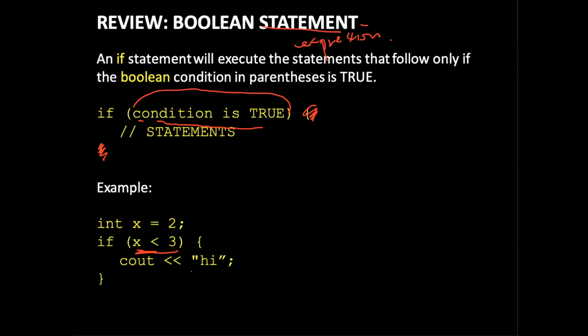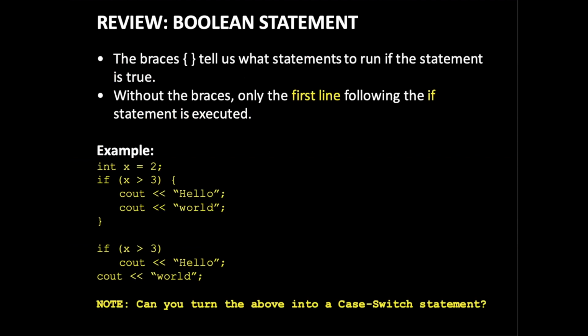So that said, this is an example, so we won't spend too much time in this area. Let's move on to the very last one. Like we said, if without the braces, only the first line following the if statement is executed.